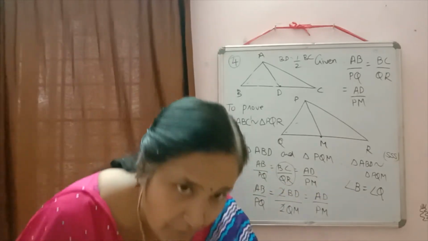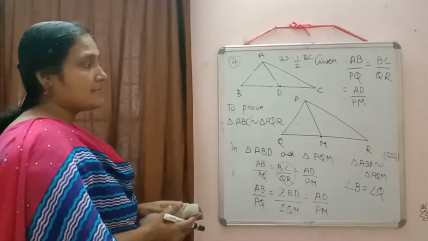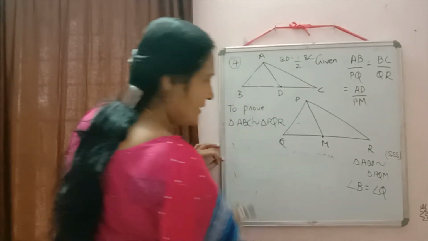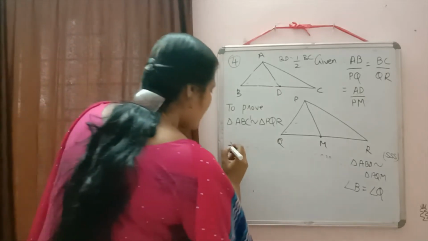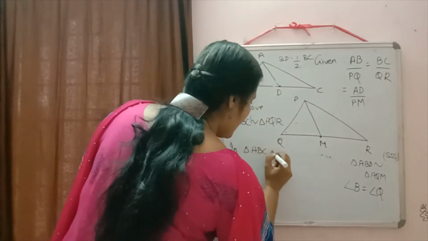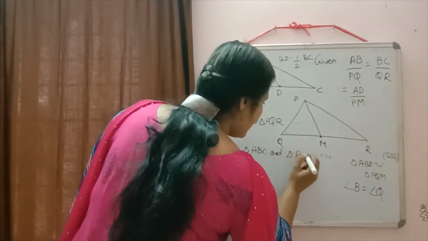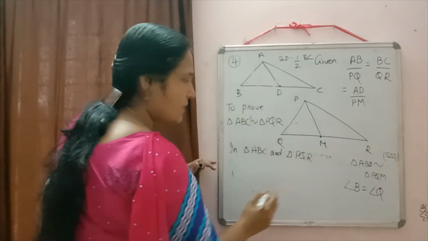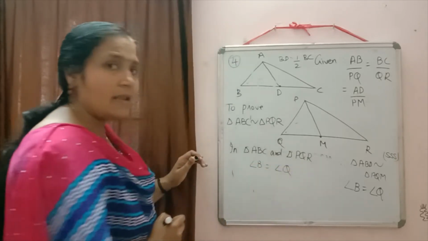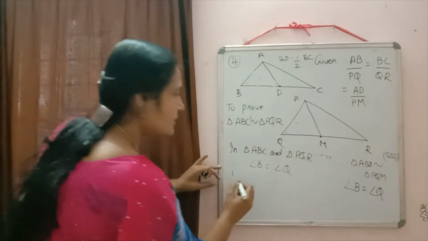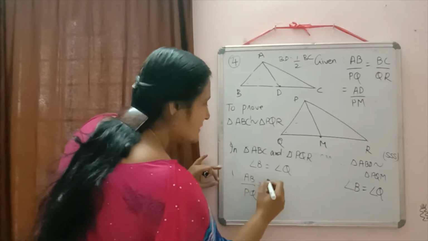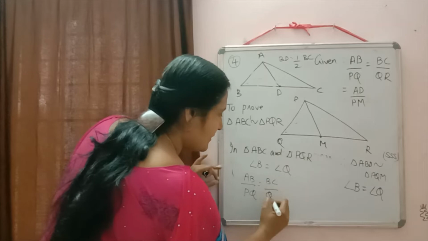Now again we have to prove triangle ABC is similar to triangle PQR. In triangle ABC and triangle PQR, what did we just prove? We proved angle B is equal to angle Q. And in the question, what is given? AB by PQ is equal to BC by QR.